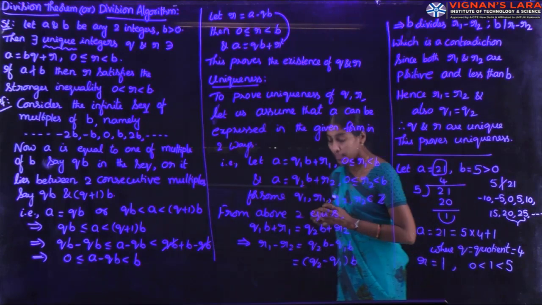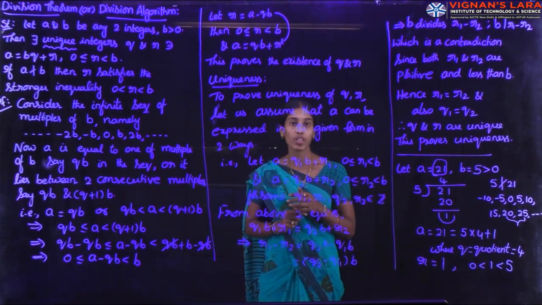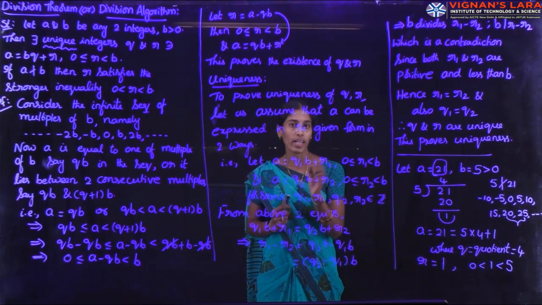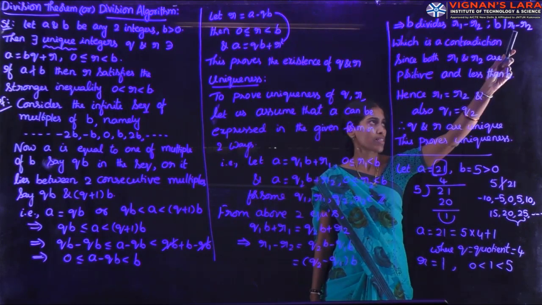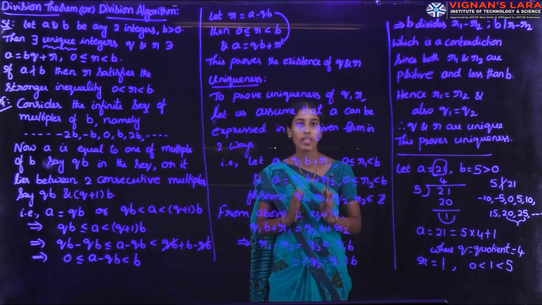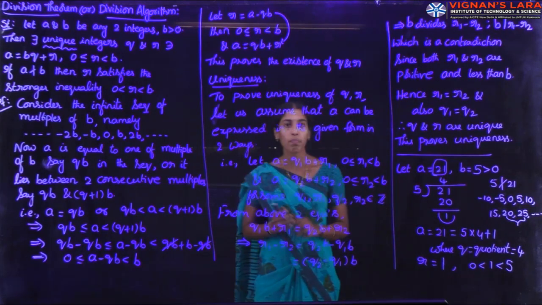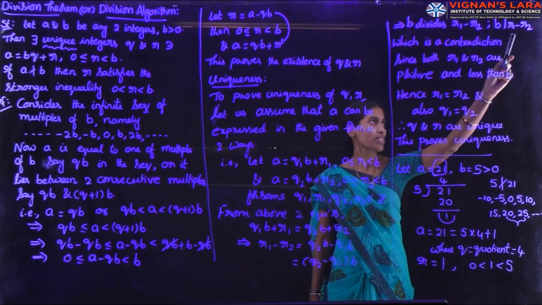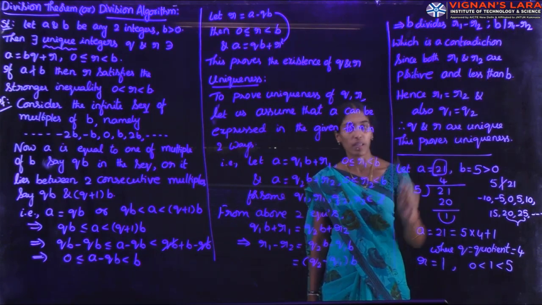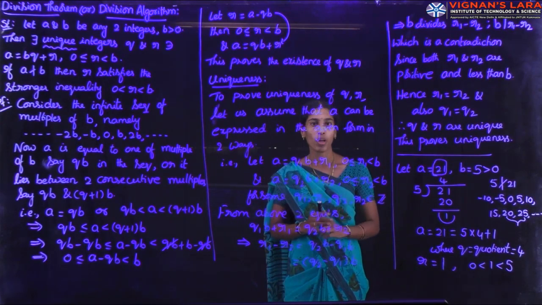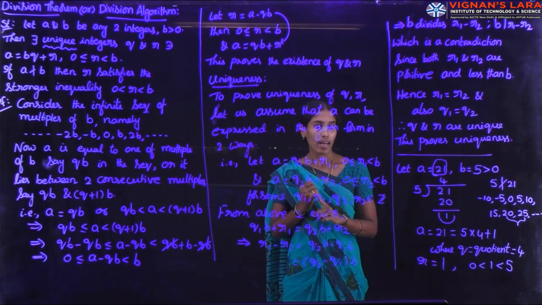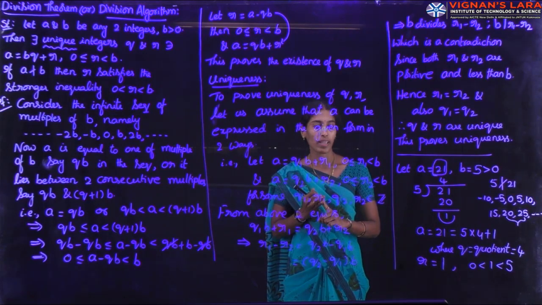Already I said while explaining divisibility, in the divides relation, the RHS term is always greater than or equal to the LHS term. What is the meaning of that? R1 minus R2 is greater than or equal to B. When is it possible? R1 must be greater than B and R2 must be greater than B.